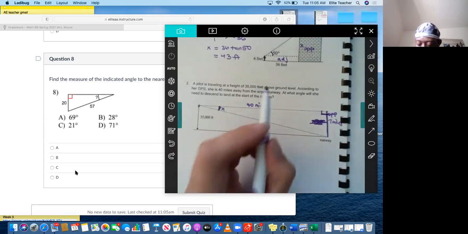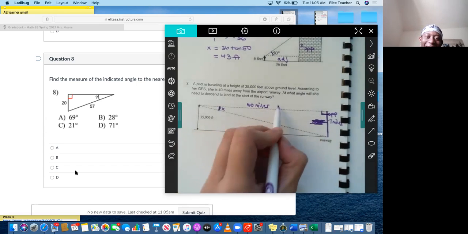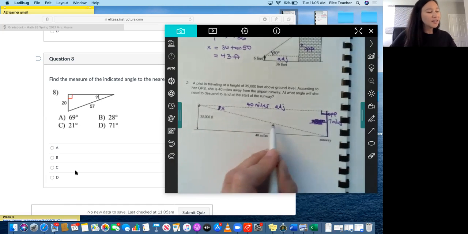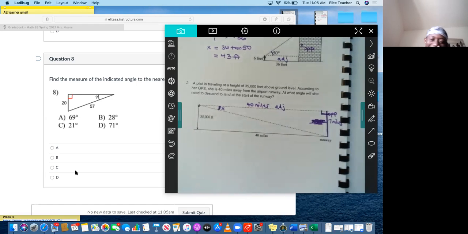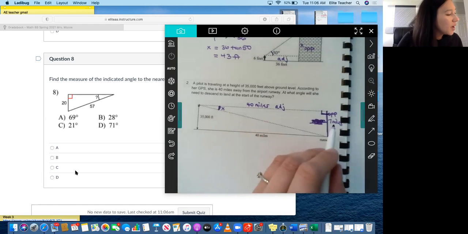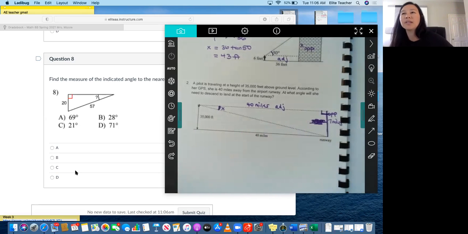It would be the adjacent side. It's right next to the angle, and it's not the hypotenuse. Okay, so we know the opposite side and the adjacent side. So are we using sine, cosine, or tangent?